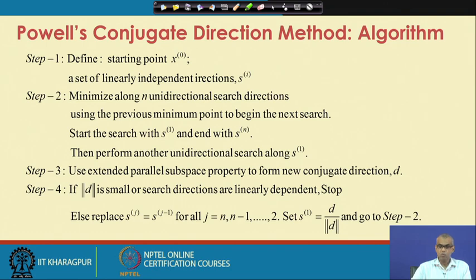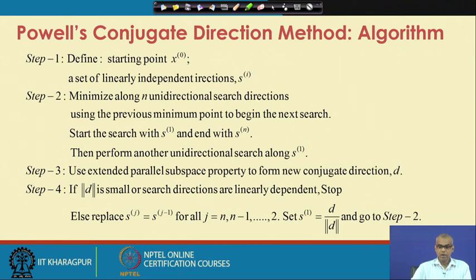So, this is how the algorithm goes. What you do is you define the starting point first, define the set of linearly independent directions S 1, S 2 up to S n. You minimize along n search directions using the previous minimum point to begin the next search. You start the search with S 1 and end with S n, then you perform another unidirectional search along S 1.